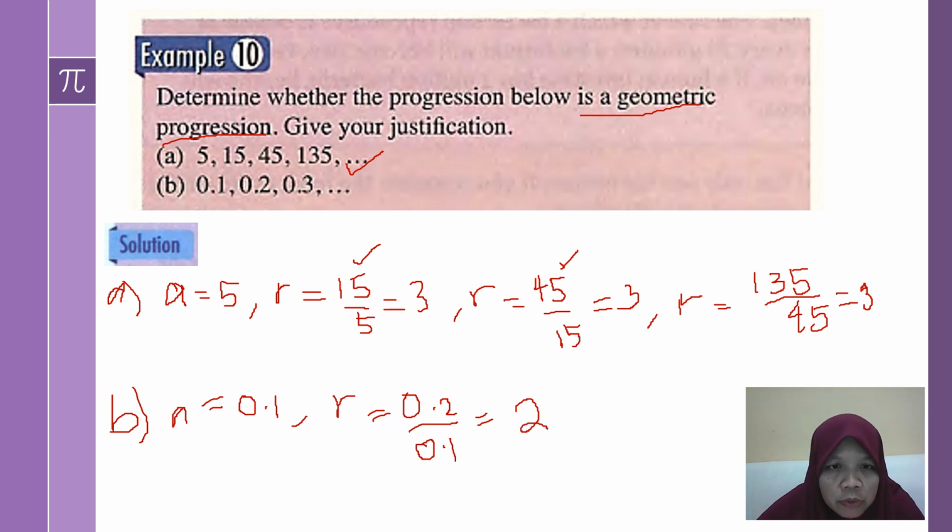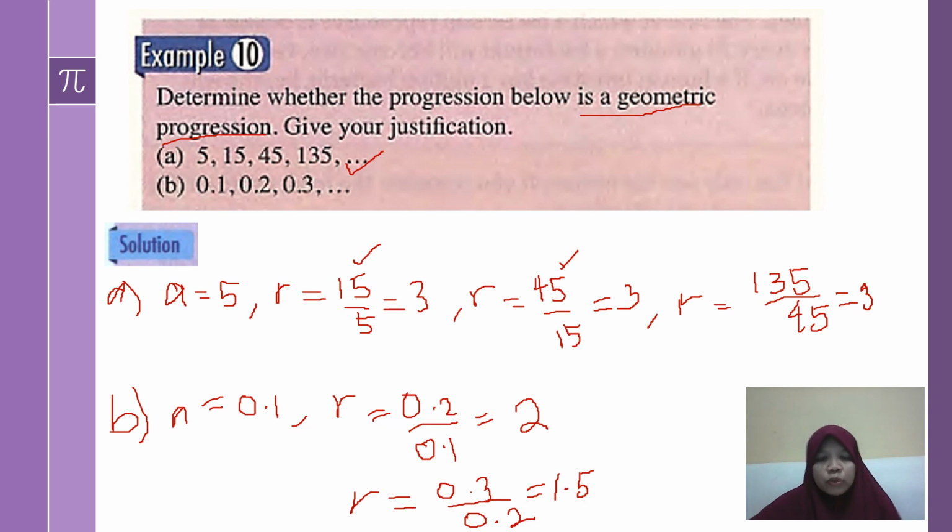Try another one. We try T3 over T2. So 0.3 divided by 0.2. 0.3 over 0.2 is 1.5, or 3 over 2.